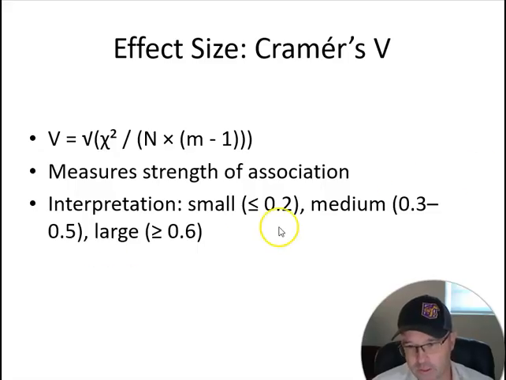If we had a small number between 0 and 1, like 0.2 or less, we would say that's small, not a very strong effect. Medium would be 0.3 to 0.5, and anything above 0.6 would be a stronger effect size.